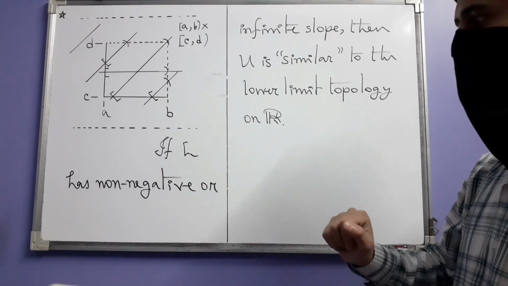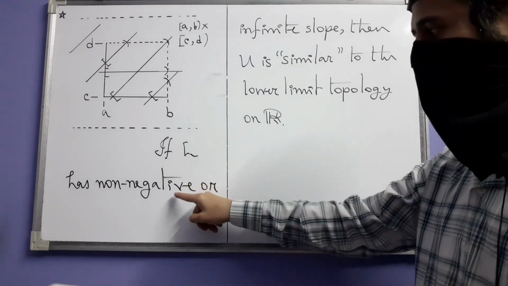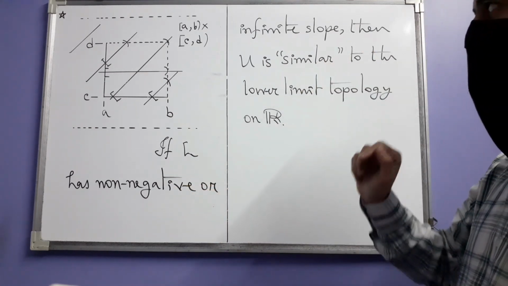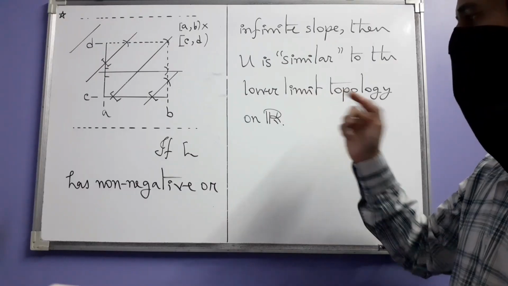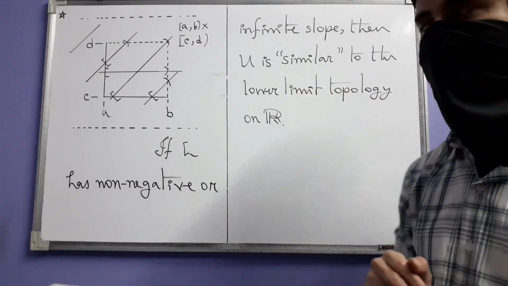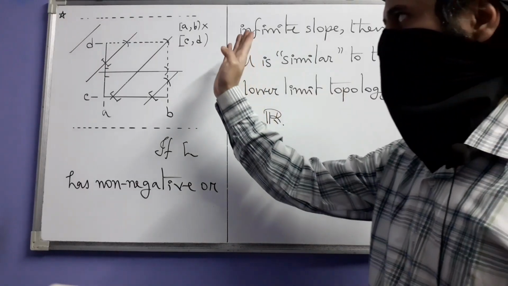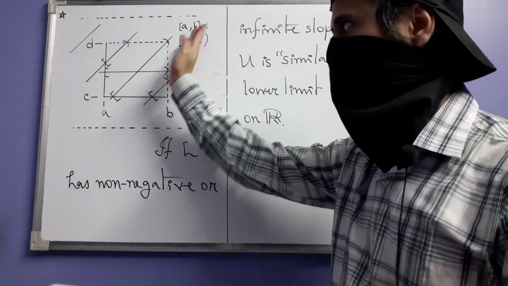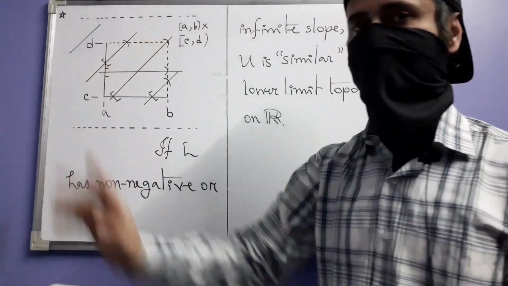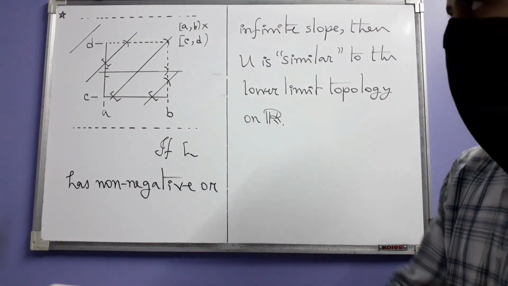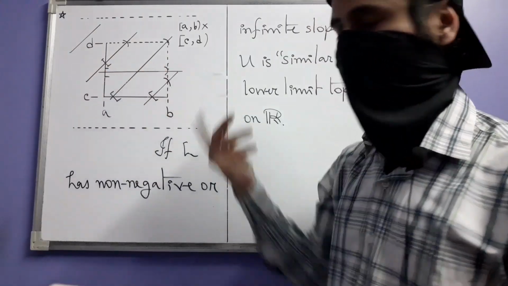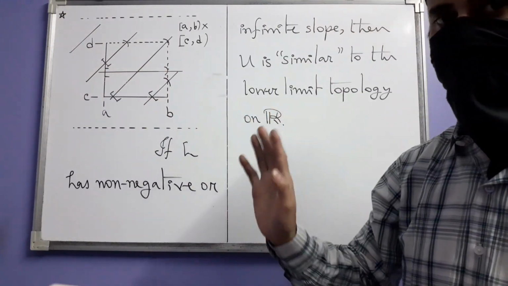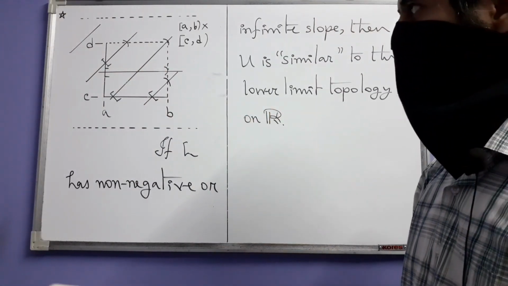So what did we say here? That if our line L has non-negative or infinite slope, then U is similar to the lower limit topology on R. So here you are looking at some possibilities for a line having positive slope. It may not intersect this basis element, and in that case the intersection is empty.